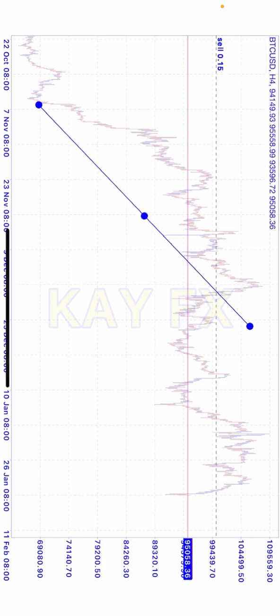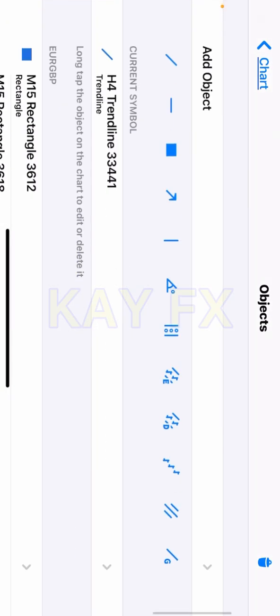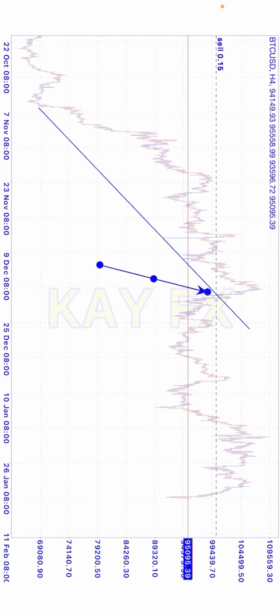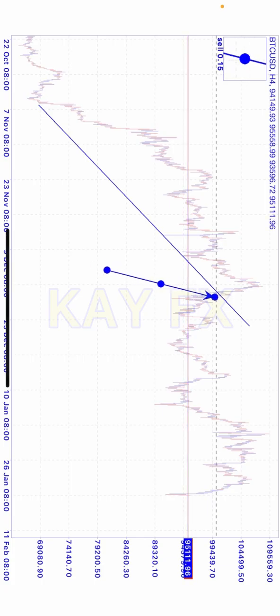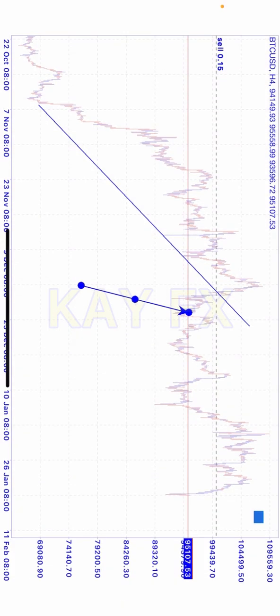After this uptrend trend line was broken, you can clearly see that we expected something. We expected that it may drop. So what happened after price came down and respected this level?